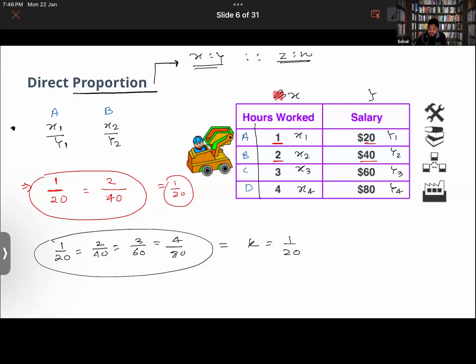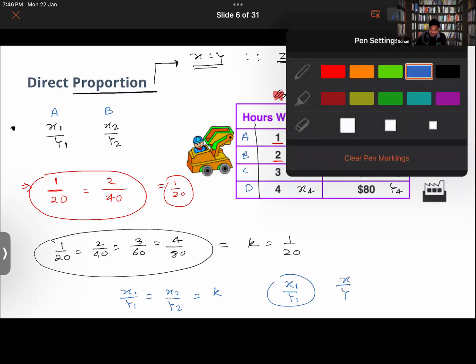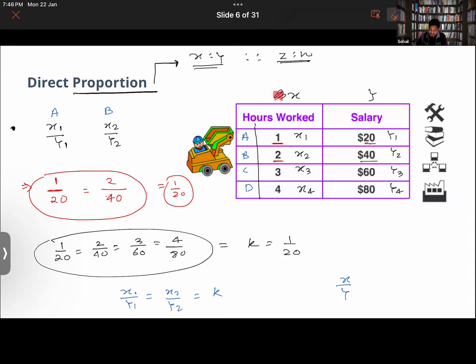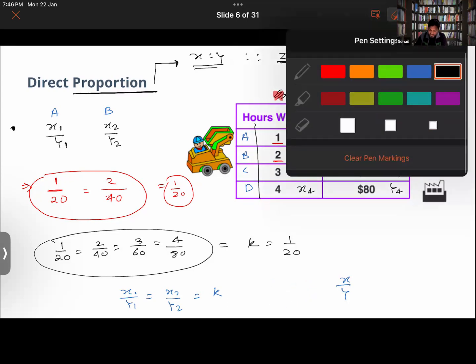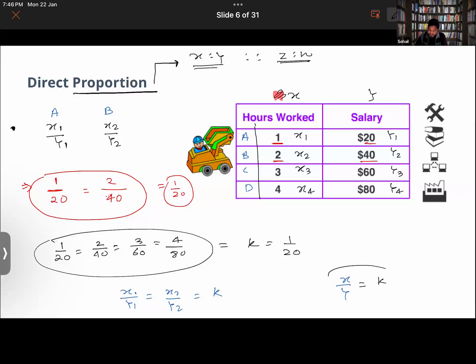So can't we say that in direct proportion, x1 upon y1 equals x2 upon y2 is a constant? Or can I simply say x upon y? Is it not giving you a constant value? X upon y is always a constant.